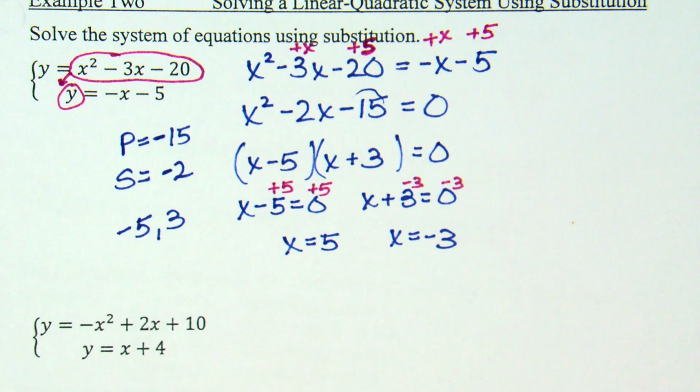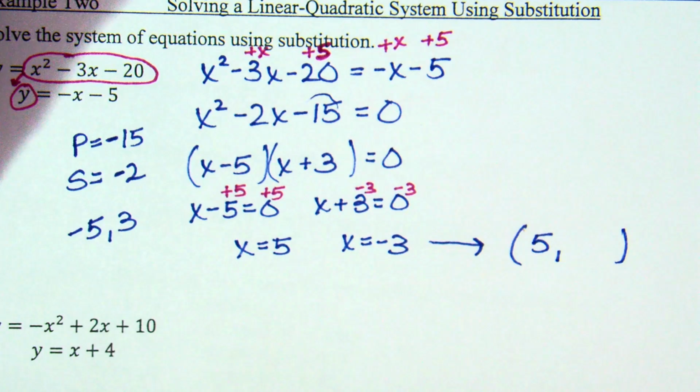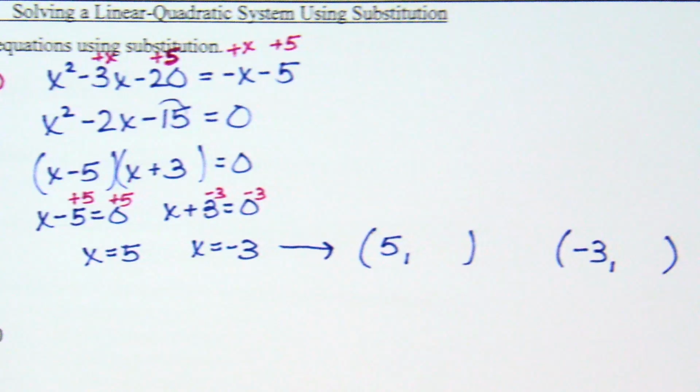We don't just have single answers, we have ordered pairs. Look at the graph up above. What was my answer? It wasn't just 2 numbers, it was 2 ordered pairs. So what I know at this exact moment is that one of my answers is 5 comma something, and my other answer is negative 3 comma something.